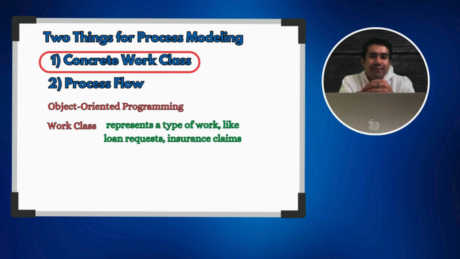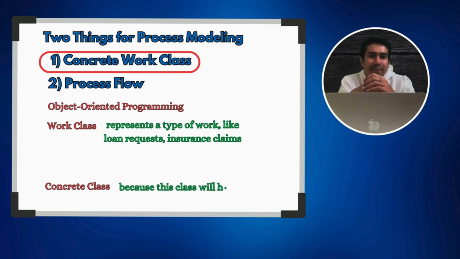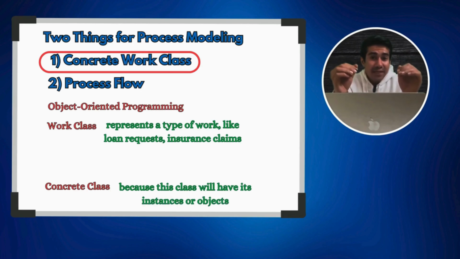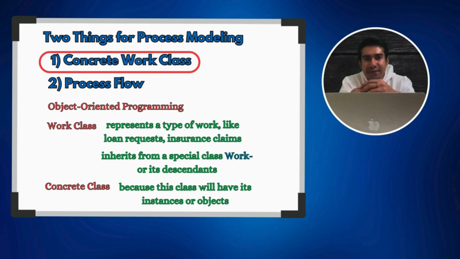But why a concrete class and not abstract? Because individual loan requests submitted by users will be objects or instances of that class. Work classes inherit from a special class called Work-, or one of its descendants, to reuse some built-in functionality.